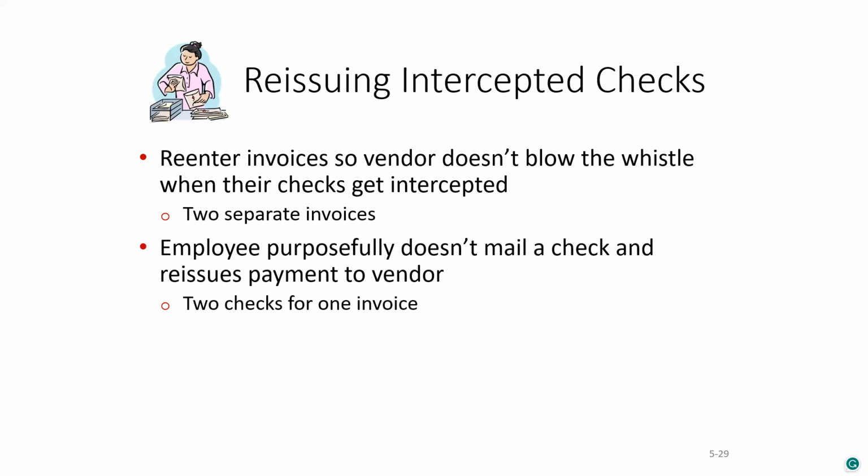We could either enter two separate invoices, so maybe invoice 101A and 101B. The one that's 101A goes to the vendor, the one that's 101B goes into my bank account. Or re-entering that same invoice, or issuing two checks for one invoice, and one of them I'm going to hold on to.